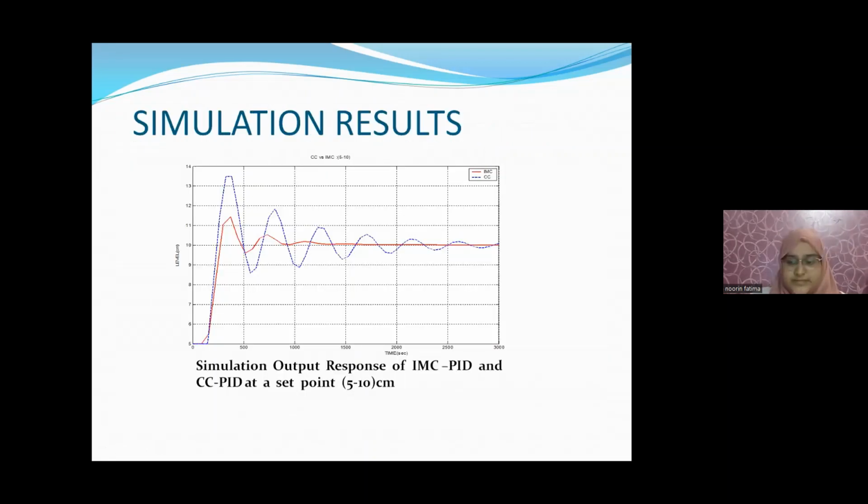Now we also did all these set point changes in simulation in MATLAB. As you can see, this is the simulation output response for IMC-PID and CC-PID. Here, the blue line represents CC-PID and the red line represents IMC-PID. We can see clearly that IMC-PID reaches the steady state earlier and has very low overshoot compared to CC.